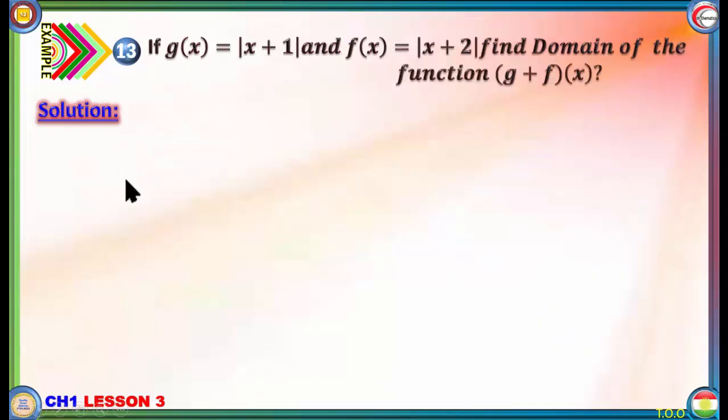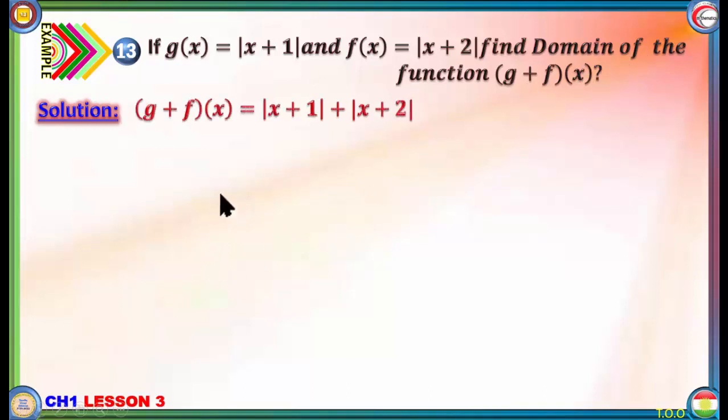Example number 13. If g(x) is equal to the absolute value of x plus 1 and f(x) is equal to the absolute value of x plus 2, then find the domain of the function g plus f(x). g plus f(x) is equal to the absolute value of x plus 1 plus the absolute value of x plus 2.